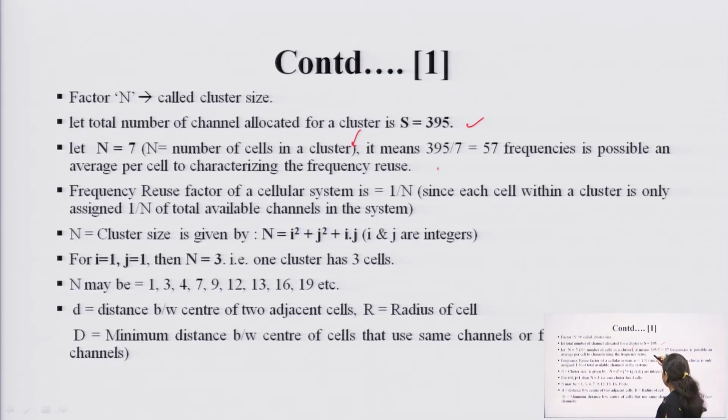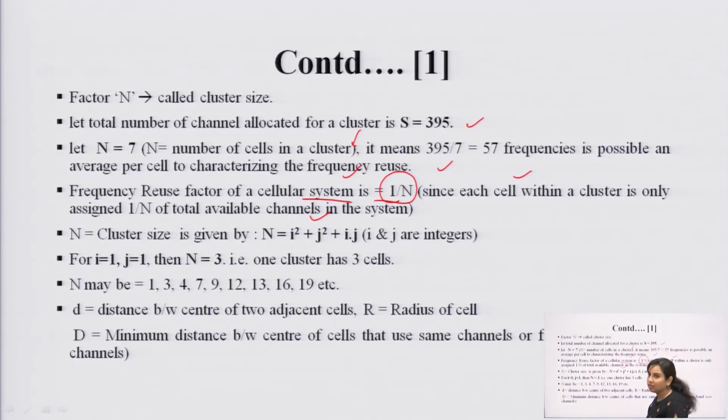It means 395 by 7, that is 57 frequencies per cell, is possible on average, characterizing the frequency reuse. Then the frequency reuse factor of a cellular system is given by 1 by n, since each cell within a cluster is only assigned 1 by n of the total available channels in the system.